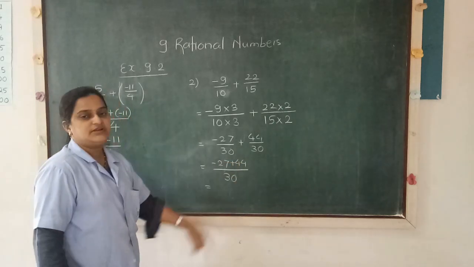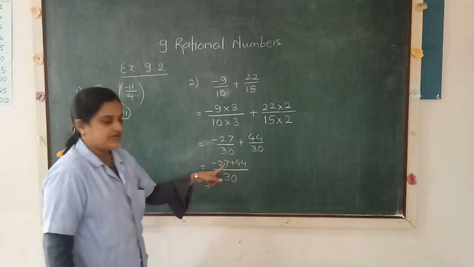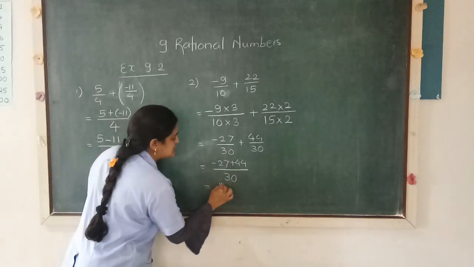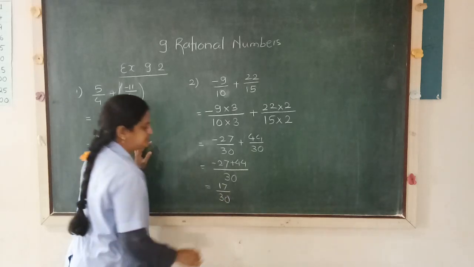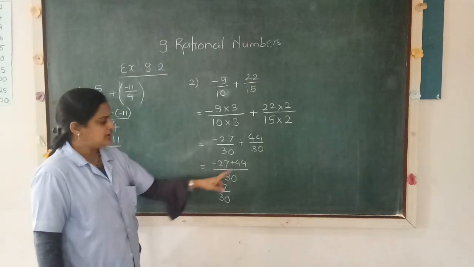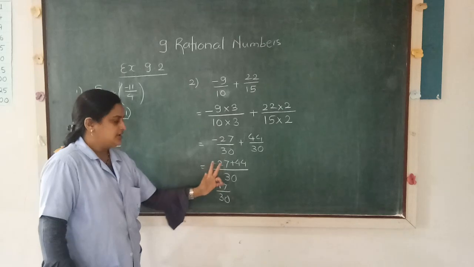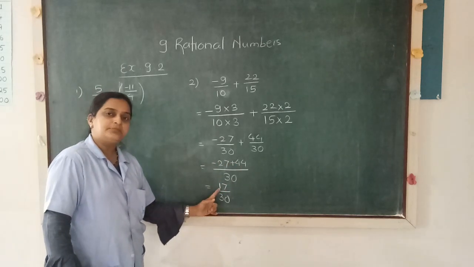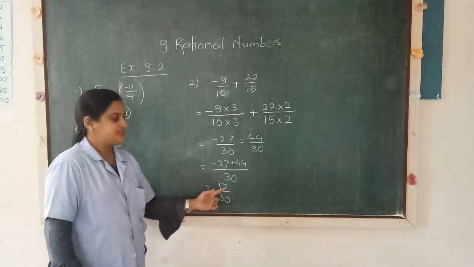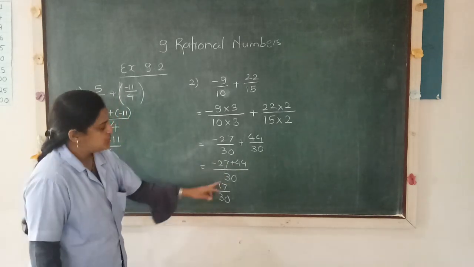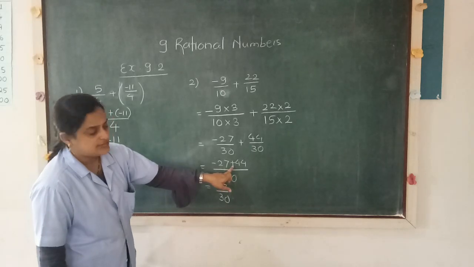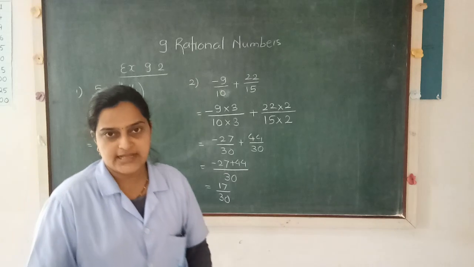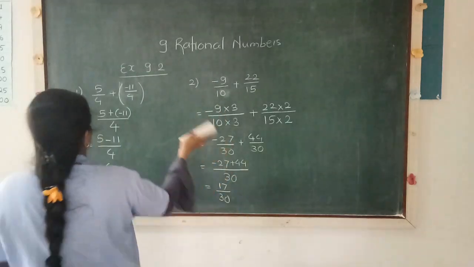What is the difference between these two numbers? 44 minus 27, the answer is going to be 17, and give the sign of the bigger number. Am I right? Yes. The sign of the bigger number is plus, so I will give the plus sign, and so it will be 17 upon 30. Is that clear? Now let us see the next.